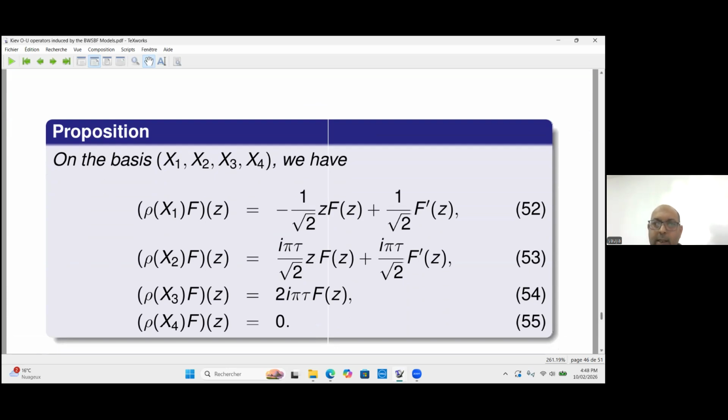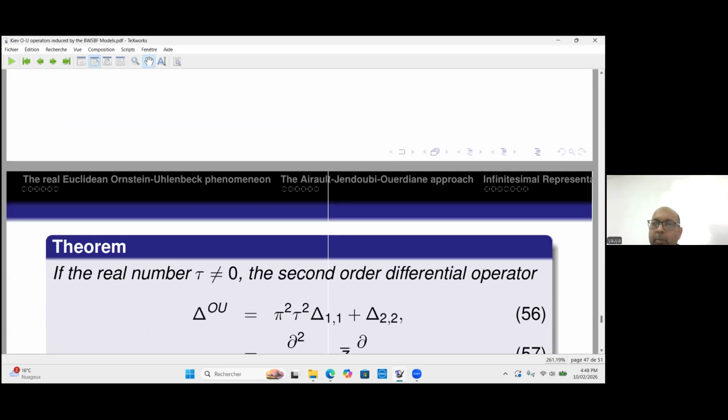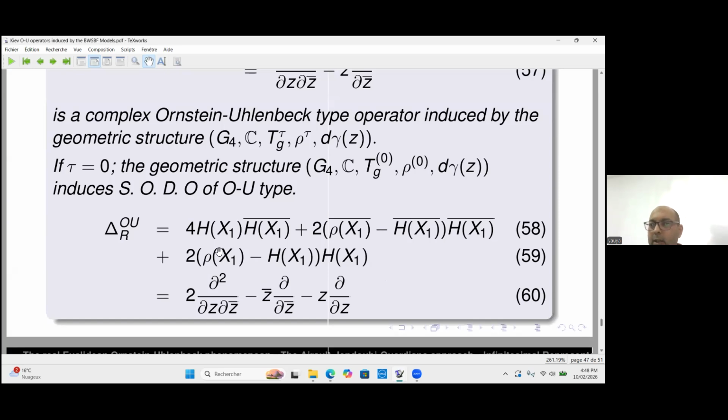So with this generator, we construct the Ornstein-Uhlenbeck operator with this form. It is equal to h x1 x1 bar plus rho x1 minus h x1 composed with its conjugate.